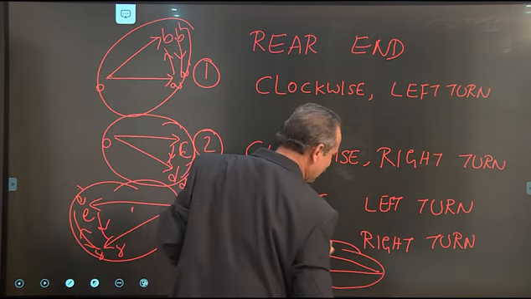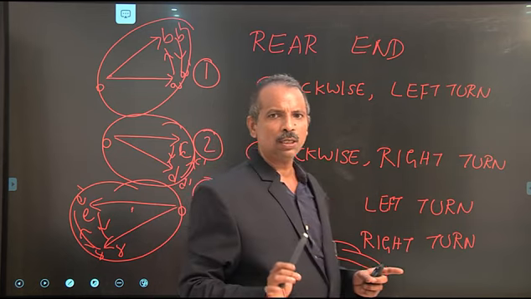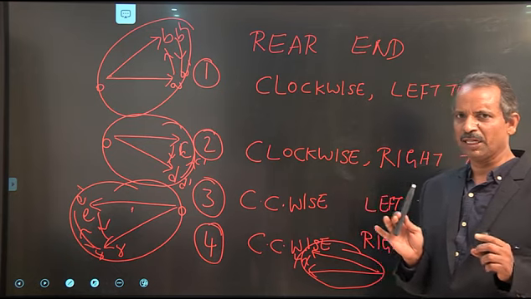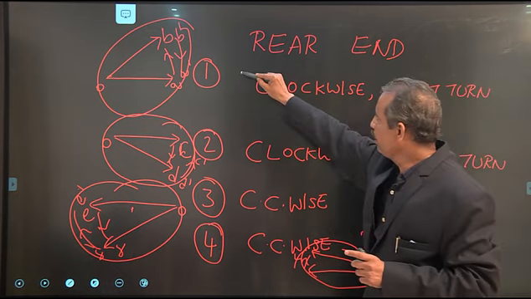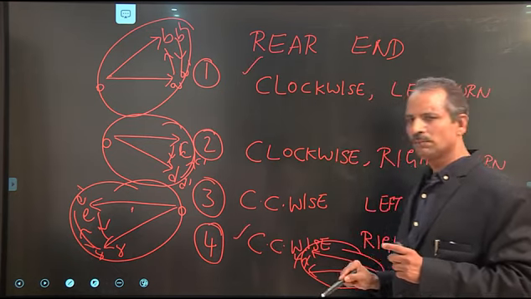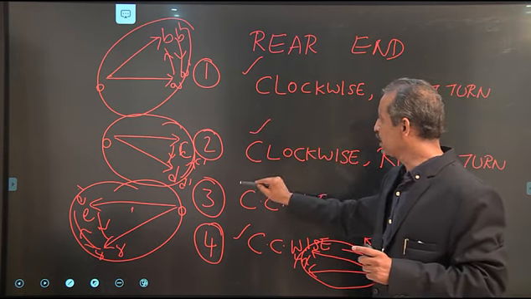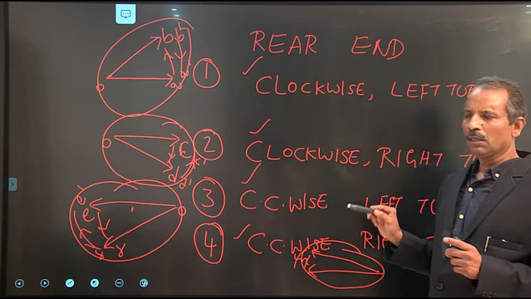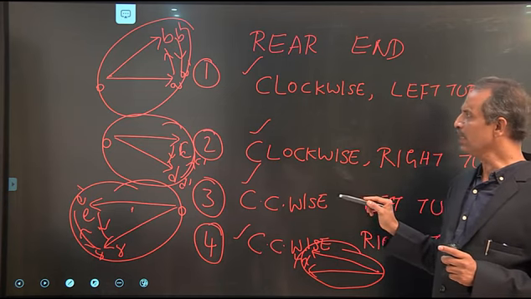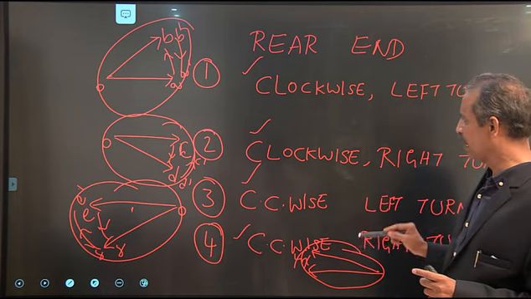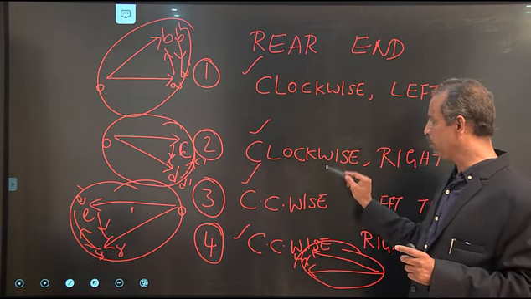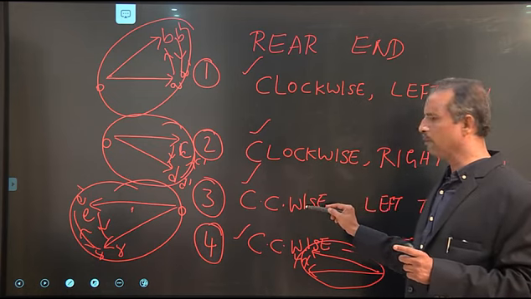Don't learn these things by heart. They are very simple to remember, and the effect is, once again I am giving a simple clue: 1 and 4 same effects, 2 and 3 same effects. What is the effect in 1 and 4? Front end rises, rear end presses down. 2 and 3 in the reverse, that is front end moves down and rear end moves up.